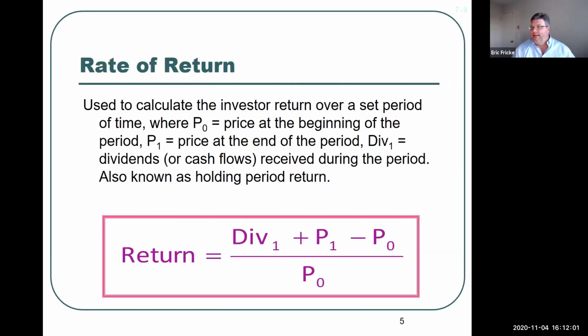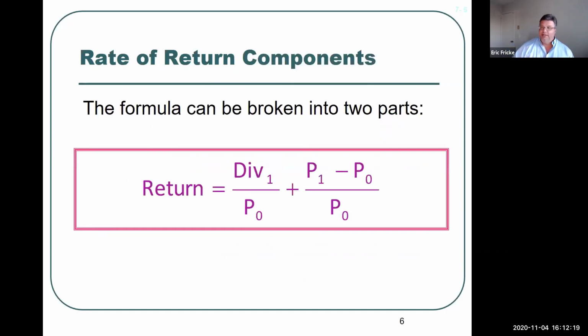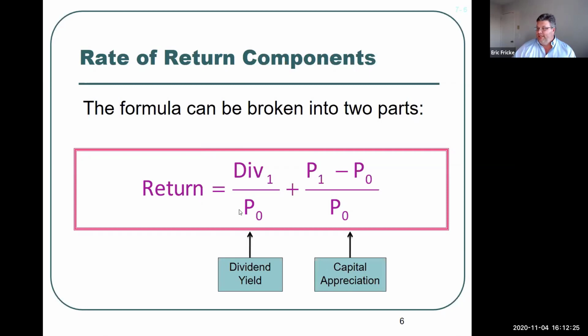All right, let's talk about how we calculate returns. This is just that holding period return equation that we covered a couple weeks ago, right? We include all of the returns that we get on owning the stock, dividends and price appreciation. And this can be broken into 2 parts. This part on the left here, that's called the dividend yield, and the part on the right, we call that capital appreciation.